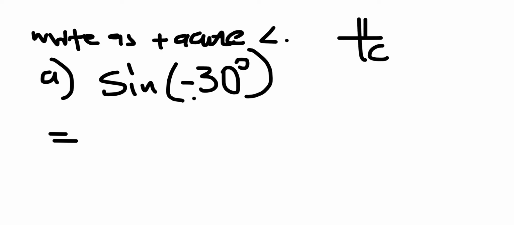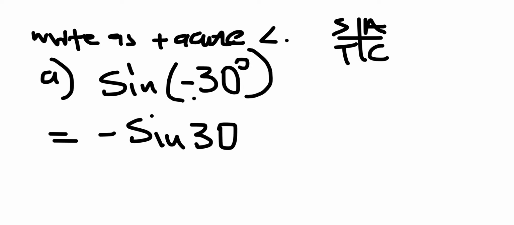So now that we have a negative angle and we assume it to fall in the fourth quadrant, in the fourth quadrant is that sine positive? Nope, it's not. It is negative. Therefore, we will rewrite it as negative sine of 30 degrees. Therefore, it means we are done.